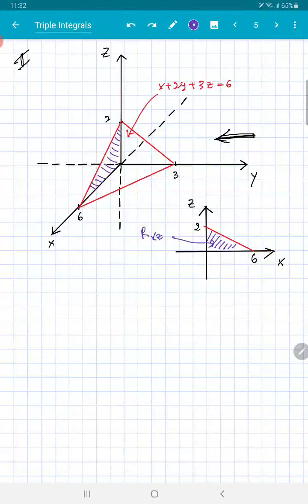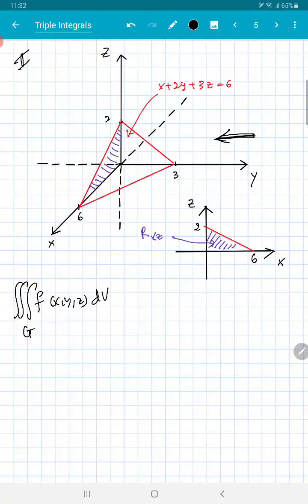Now we want to express this integration of f(x, y, z) over solid G, but now in a different way. Since we project this onto the xz plane, the order should be that we need to integrate with respect to y first.